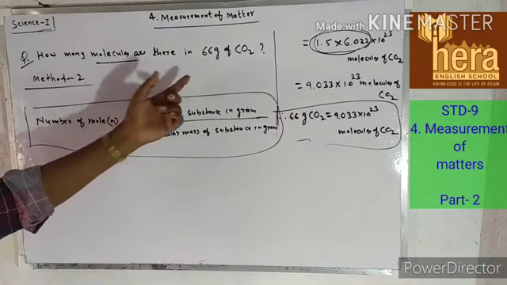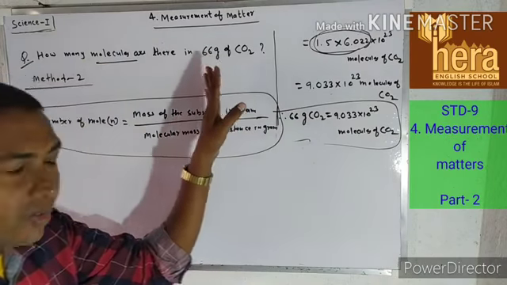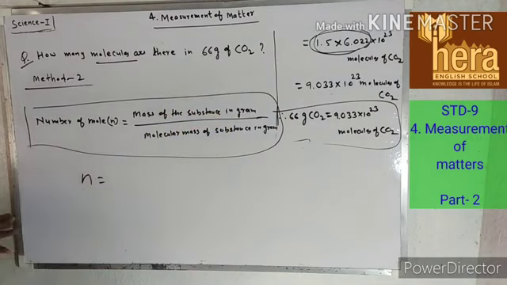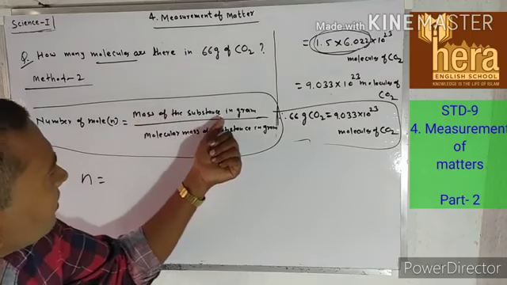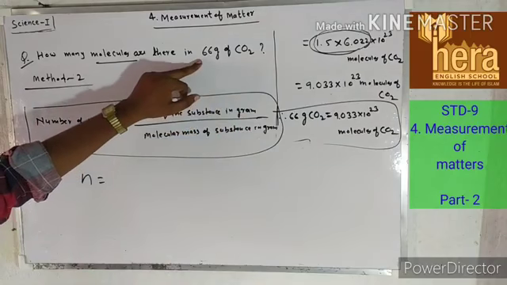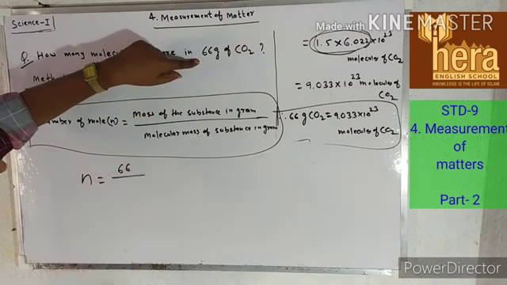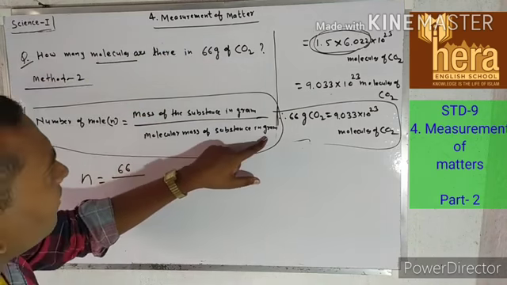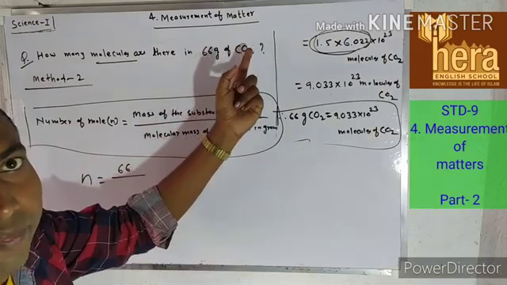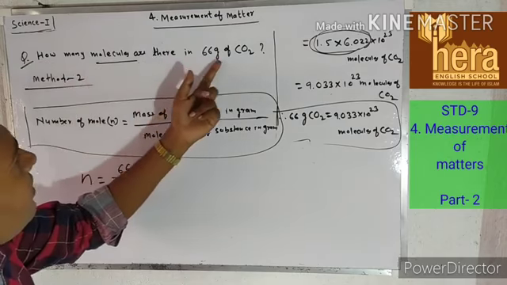So first of all, you will find how many moles are there in 66 gram. So number of mole n is equal to mass of the substance in gram. Mass of the substance is 66 gram, as given. So that's 66 divided by molecular mass of the substance in gram. Here molecular mass of the substance means molecular mass of carbon dioxide, since the question says how many molecules are there in 66 gram of CO2.